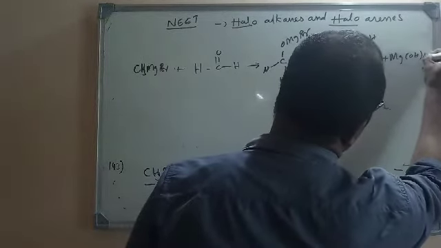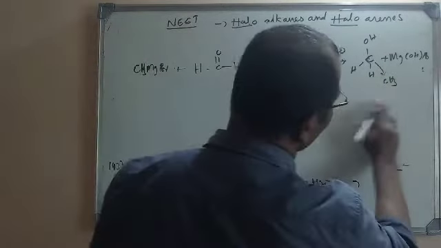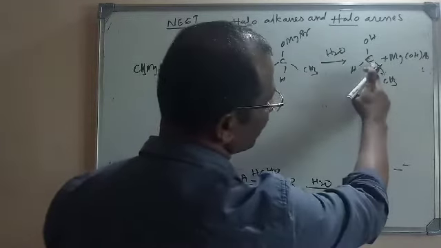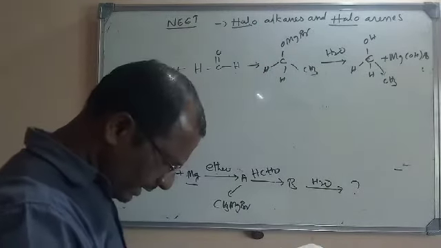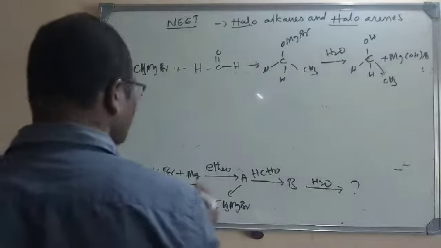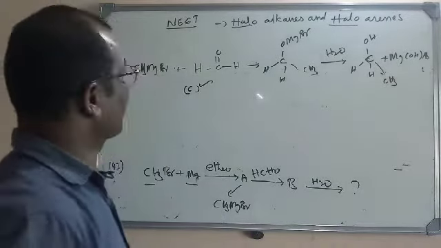Look here, CH3CH2OH, ethyl alcohol will be formed. So what is the end product here? Ethyl alcohol. If you see, option C is the correct one. Let us move to the next question, that is question number 144.